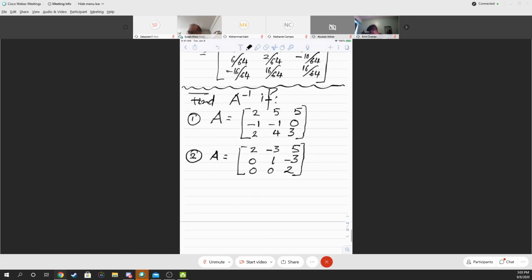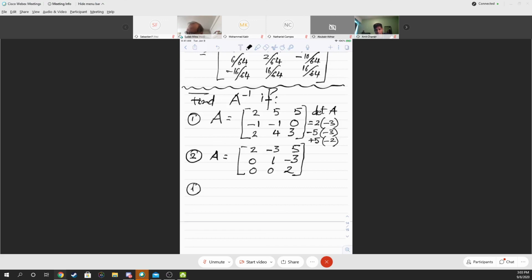First, let us check whether the determinants are nonzero.